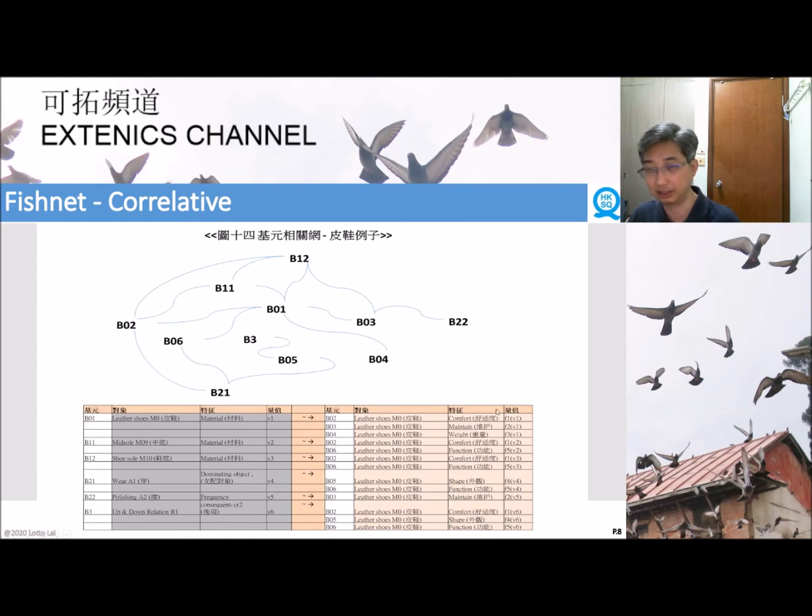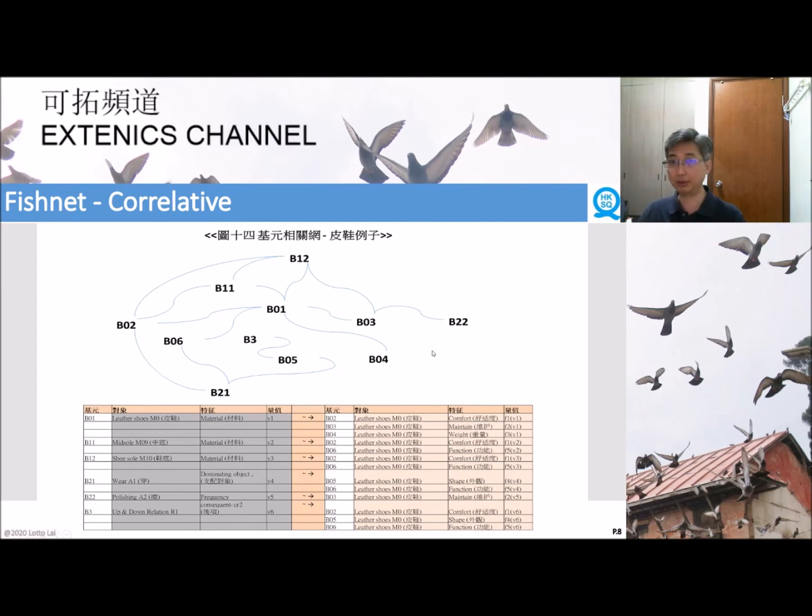When we list all the basic elements of your product in its parts and try to find their relationships, changing one characteristic changes another basic element's characteristic based on the value, forming this correlative network.